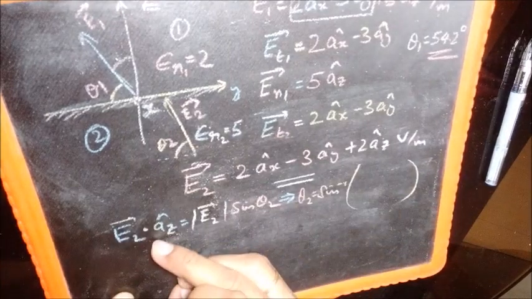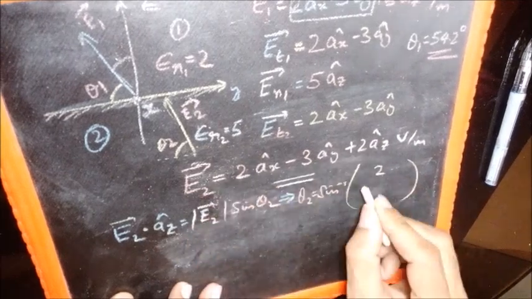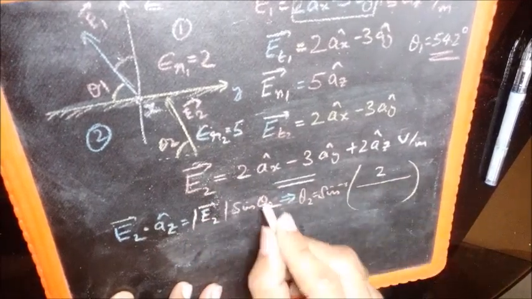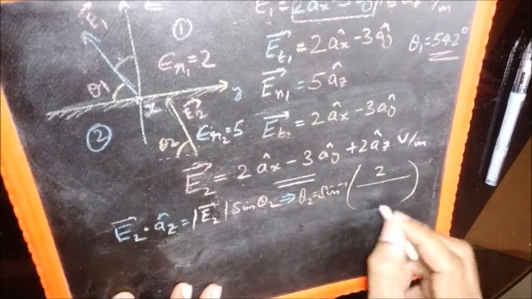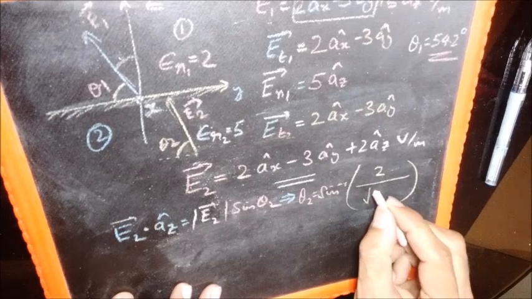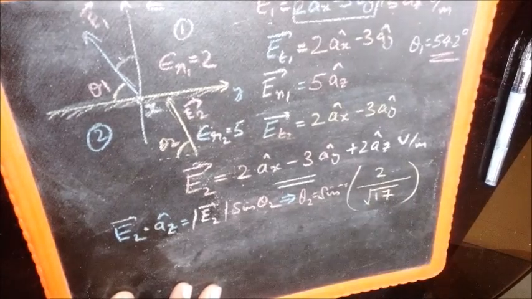E2 dot Az, which will give you 2, divided by the magnitude of E2, which is 4 plus 9, 13, plus 4, 17, so under root 17.